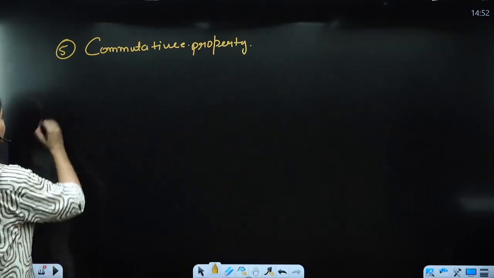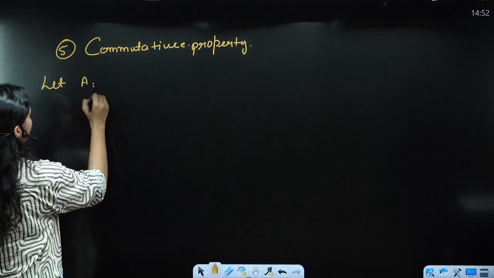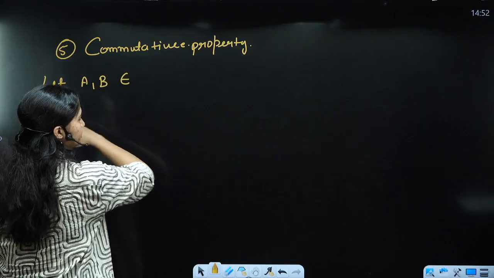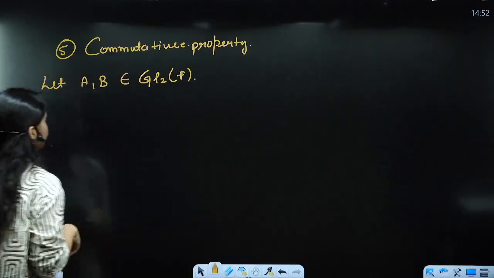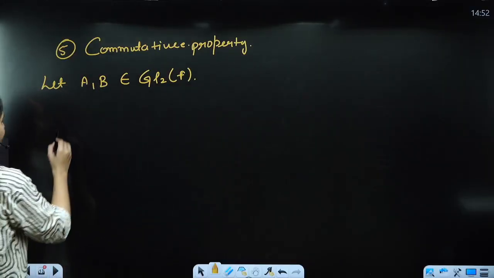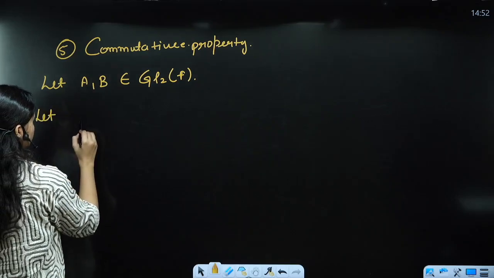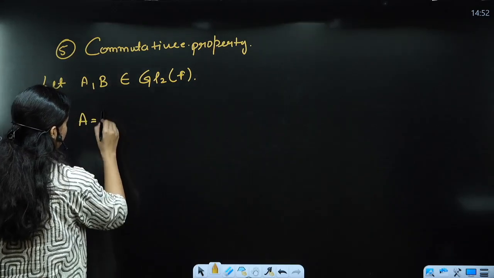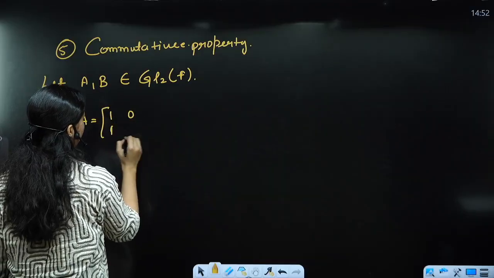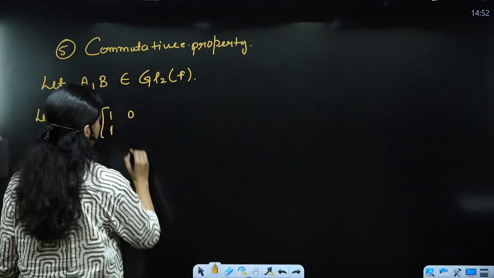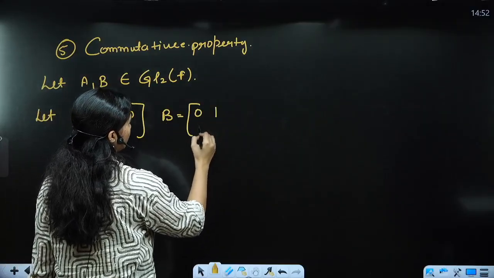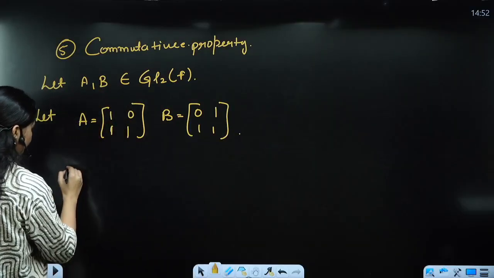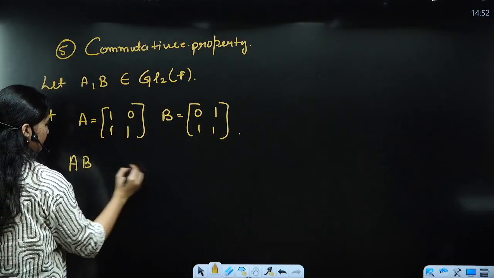So let A, B belong to GL2F. Let A equal 1 0 1 0, or we can take 1 here, and B equal 0 1 1 1, right? Now AB and BA.